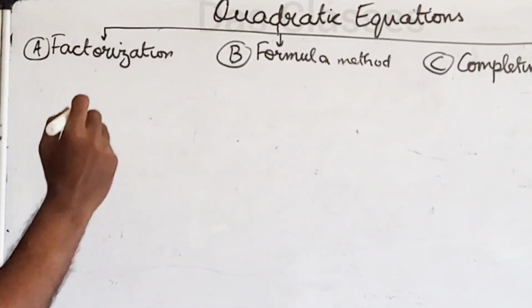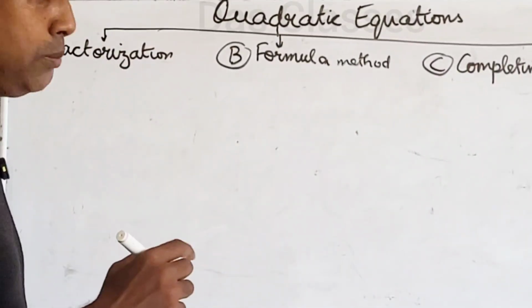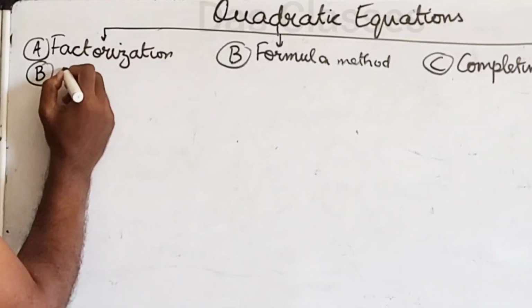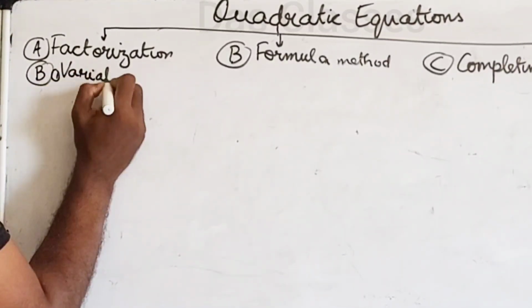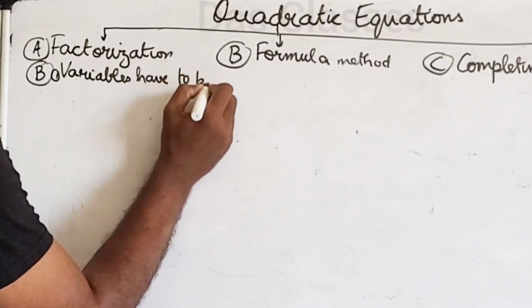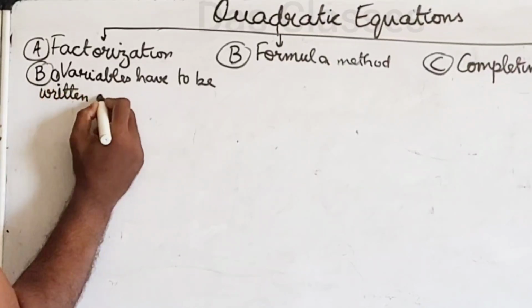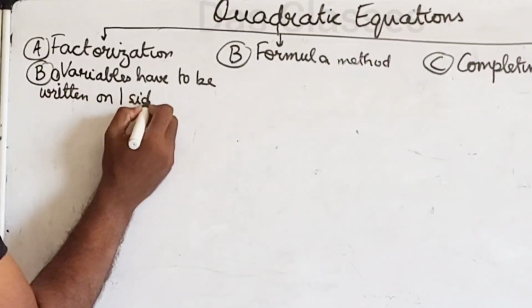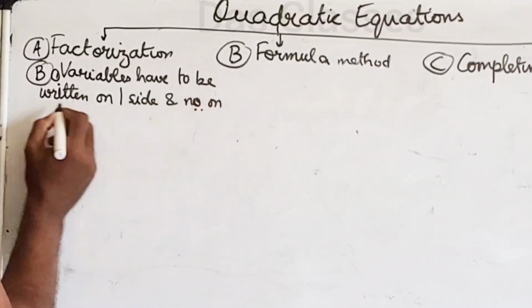Let's write down the steps for the formula method, the things that you have to follow. The first step is that the variables have to be written on one side and the number on the other.